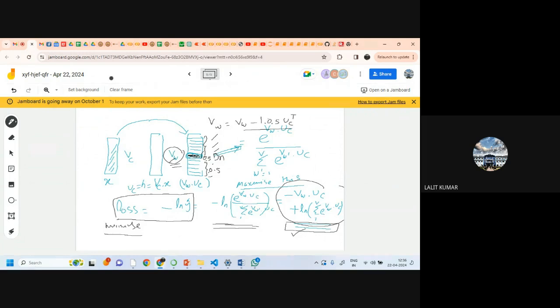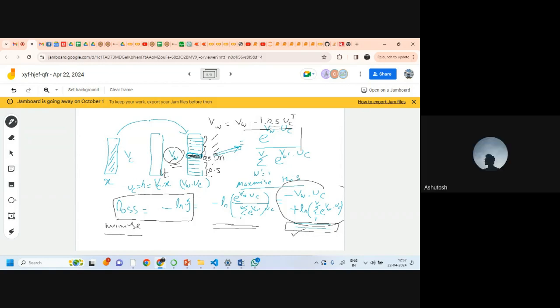Now we know that if we take the derivative with respect to this VW, UC will come here, that is understood. But this 0.5, I have not been able to understand where this 0.5 comes from.